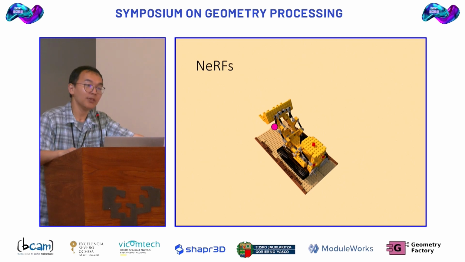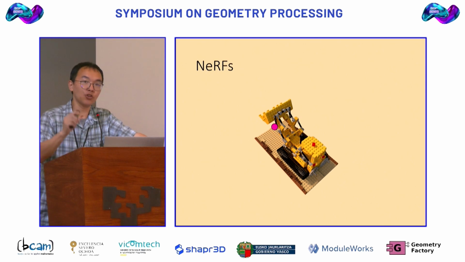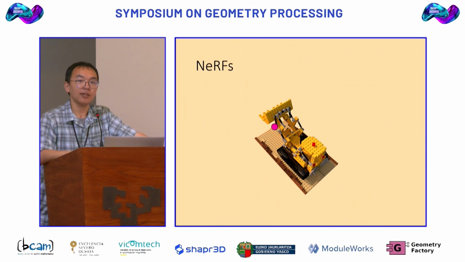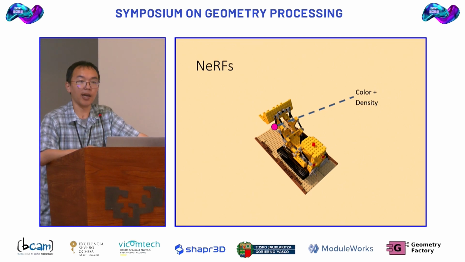So NeRF is very similar to DeepSDF. You have two implicitly defined neural networks that define a density at each point and a color at each point in a viewing direction. Both are defined by MLP.